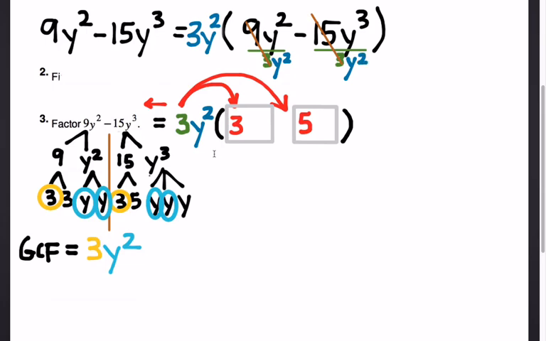now we can see what's left over for the terms inside the parentheses. When I divide 9y squared by 3y squared, we know that the 9 and the 3 get together to give me a 3 in the quotient. What happens to these powers of y? They cancel. They go away. They leave us with 0 powers of y, which is to say they leave us with no y's at all. Because when we divide, we subtract. When you divide, you subtract the exponents, exactly, which is why I say 0 powers of y there. It's 2 minus 2.